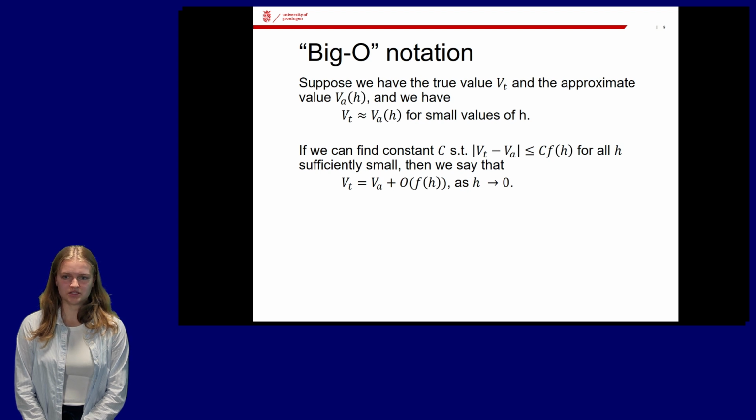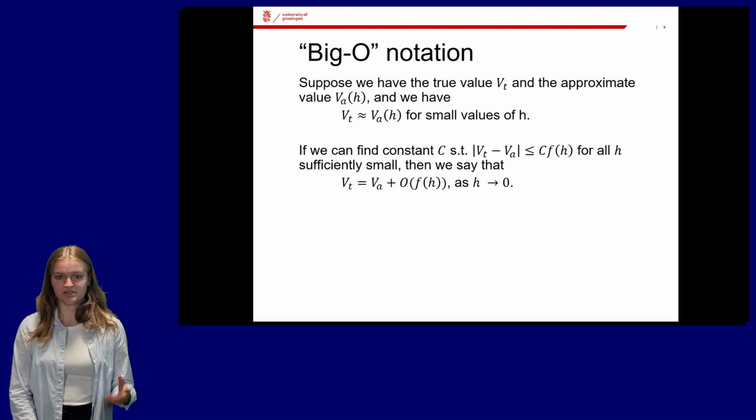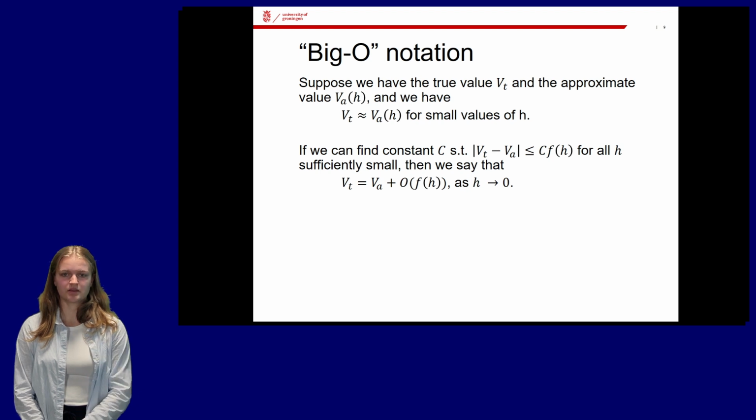And this allows us to concentrate on the important issue of the dependence of the error on the parameter h, and it allows us to ignore less important details such as the exact value of this constant c. So we can see how the error changes if you change the step size.